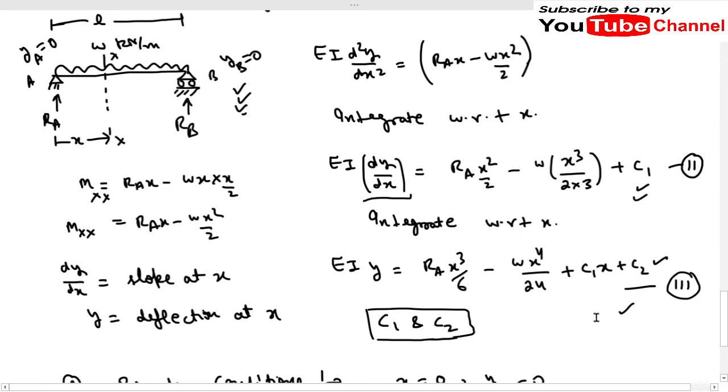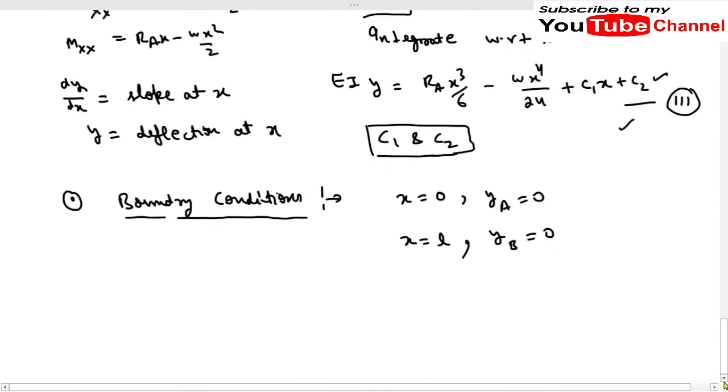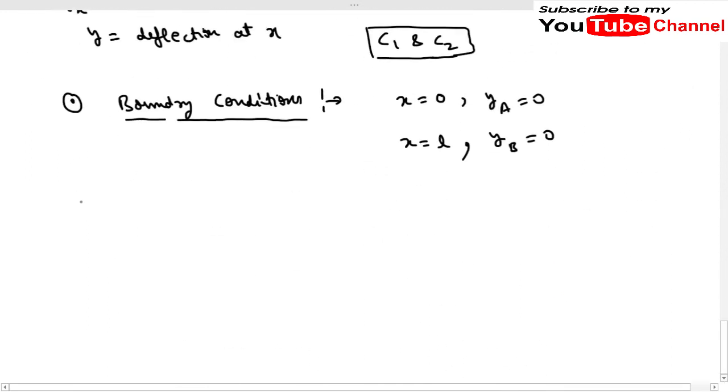Now what will be the sign convention for slope and deflection? Let us assume that this is the deflected shape, and after loading the beam deflects like this. If this is A and this is B, to find the slope at any point we have to draw a tangent. So let us draw a tangent at A. Now this is the angle theta A, and right now this angle is clockwise.